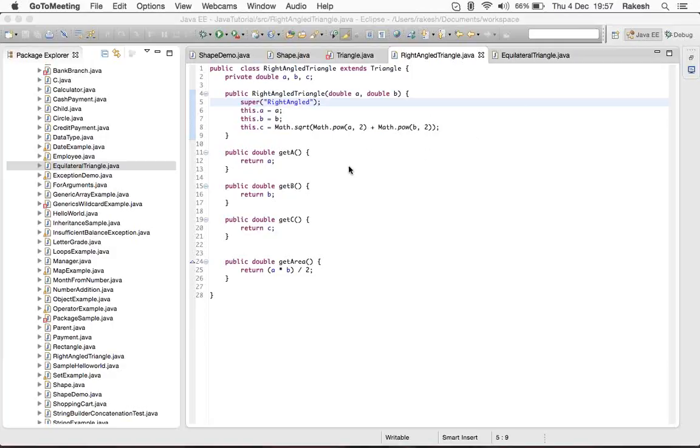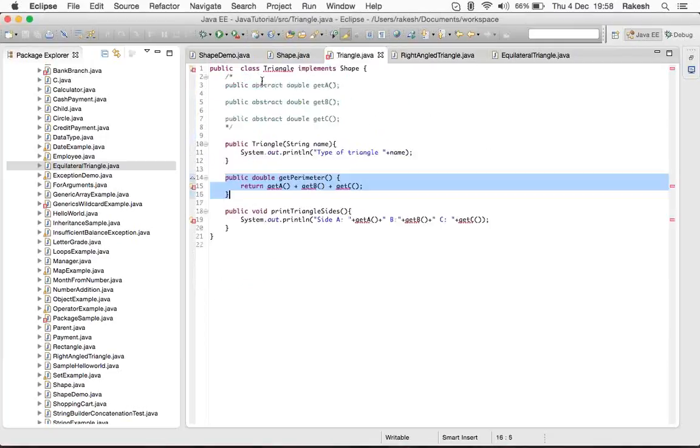Okay, so that way we eliminated the duplicate code, right? Now we said we have a class called triangle. Forget about the compilation errors for now.